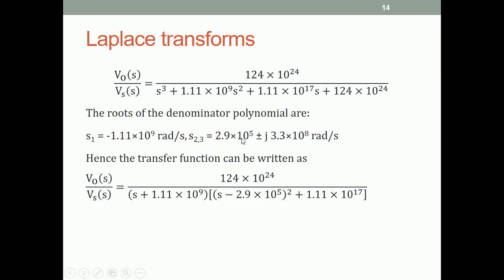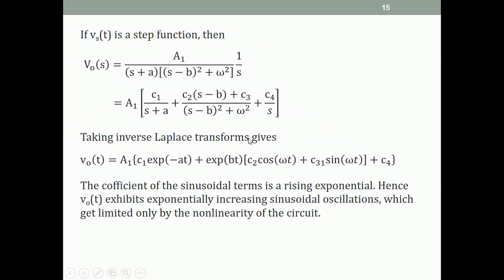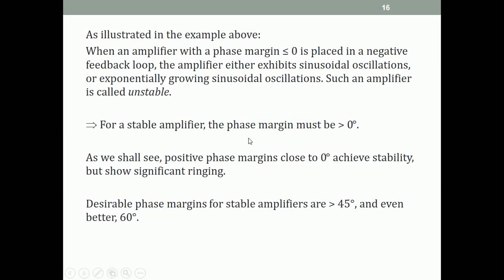The system becomes overdamped, and one does not see any ringing or sinusoidal oscillations in the step response of the system. All right, therefore, to build stable amplifier systems, it is always desirable that phase margins are greater than 45 degrees. Even better, greater than 60 degrees, because at 60 degrees there is no ringing at all.